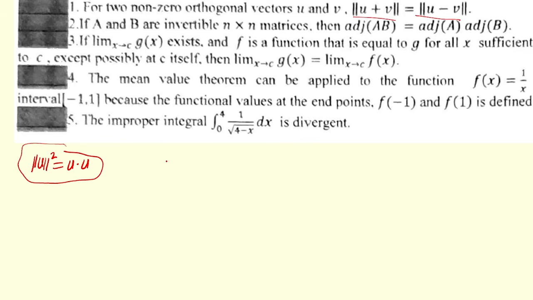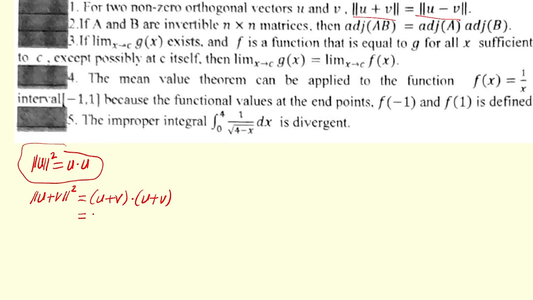We need to apply it for u plus v and u minus v. So norm of u plus v squared means u plus v dot u plus v. The dot product distributes over addition.